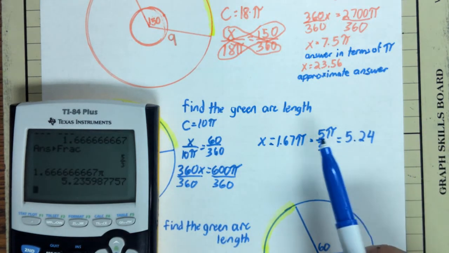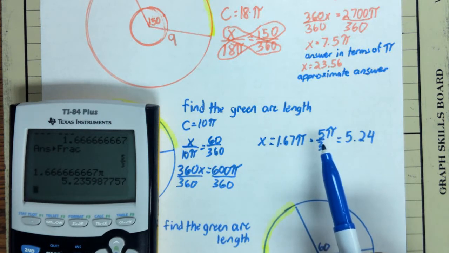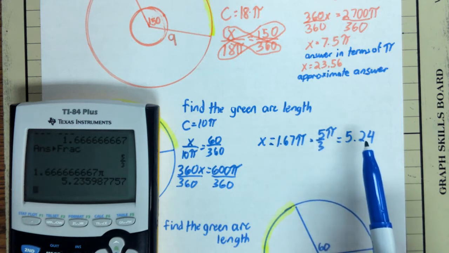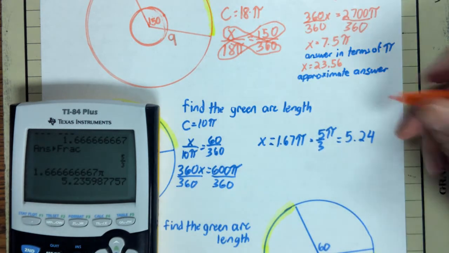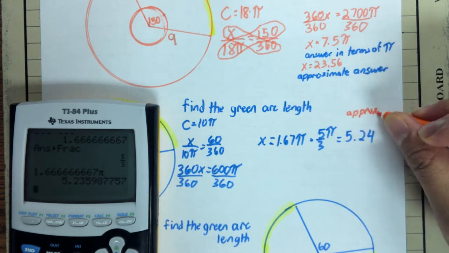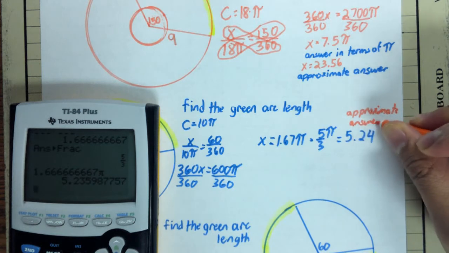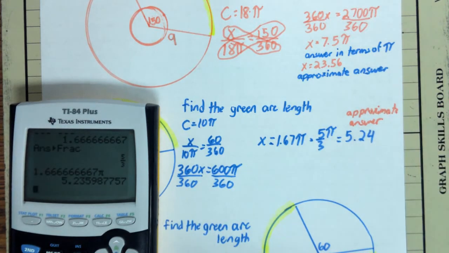So answer in terms of pi can look like this or this. 1.67 as a fraction, which is 5/3. And then your approximate answer right here. Approximate answer 5.24.